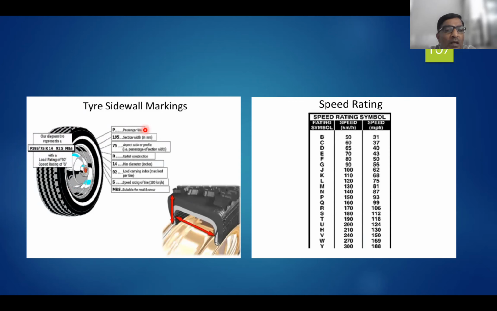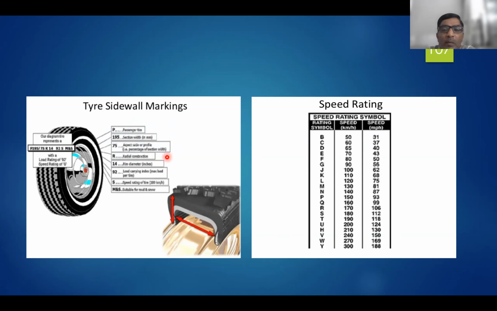P means passenger tire, then 195 is the section width in mm, then 75 is the aspect ratio or profile, a percentage of section width. R means radial construction.